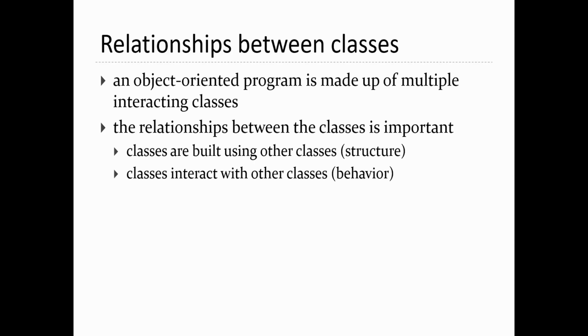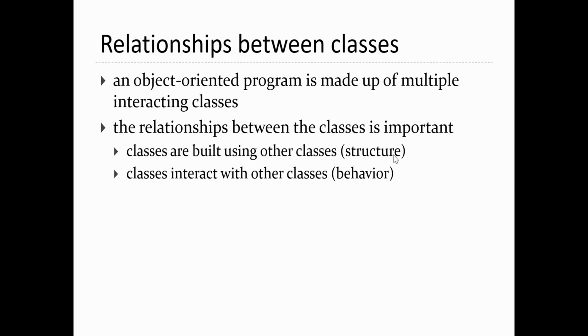So in general, what are relationships between classes? By this point you should have realized that an object-oriented program is just made up of a bunch of interacting classes. Well, interacting objects, but you need a class to make an object. The relationship between classes can be important. Classes are built using other classes, so the PPM ASCII Reader is built using a SimpleImage class.